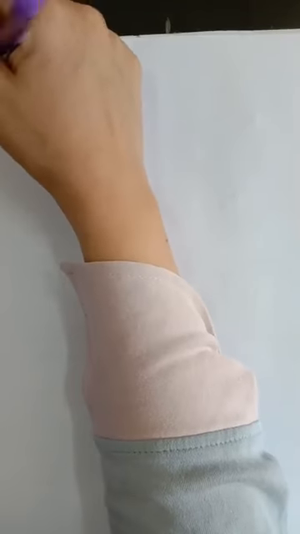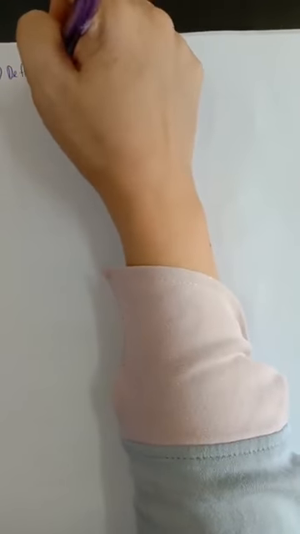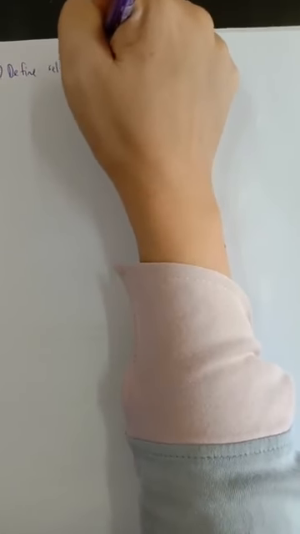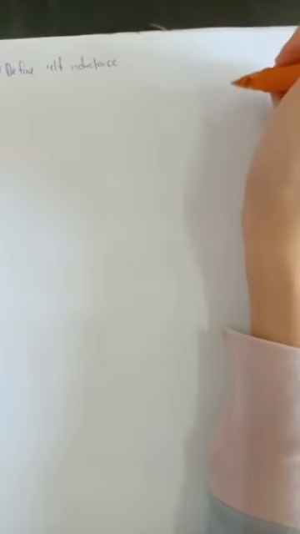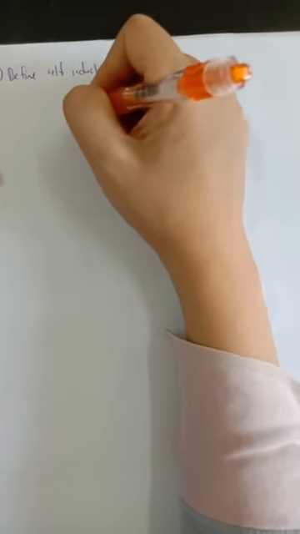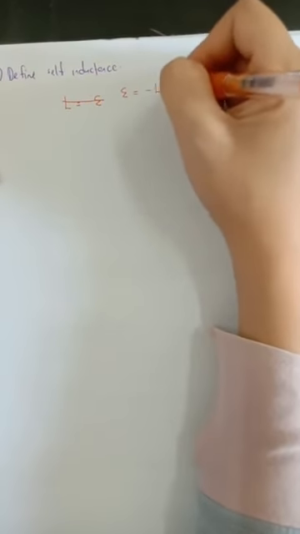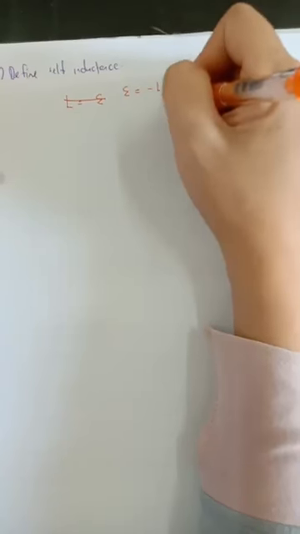Okay, question number 5, right? Define self-inductance. Okay, define. When we say we define, we can use formula. Okay, we can start by writing EMF equals negative L di over dt.